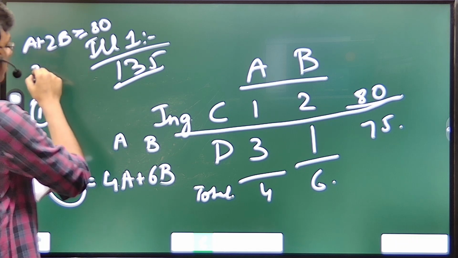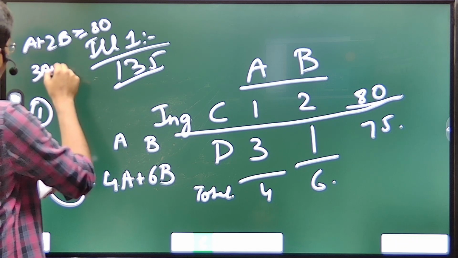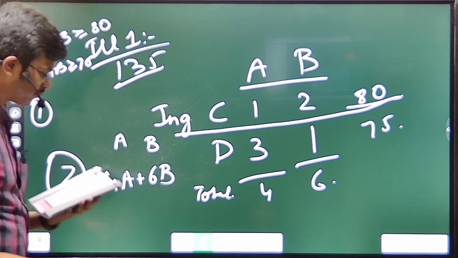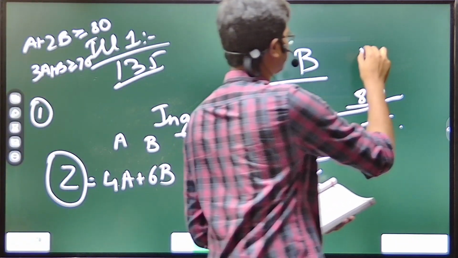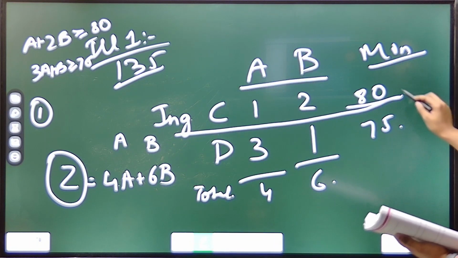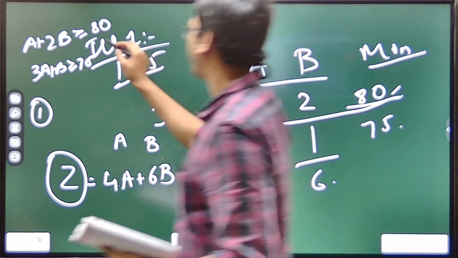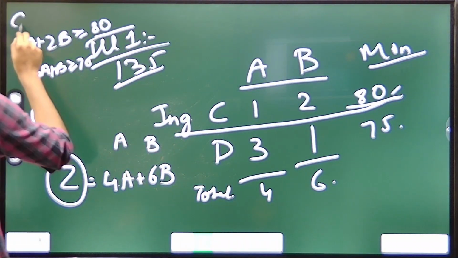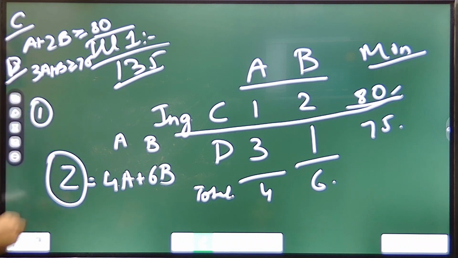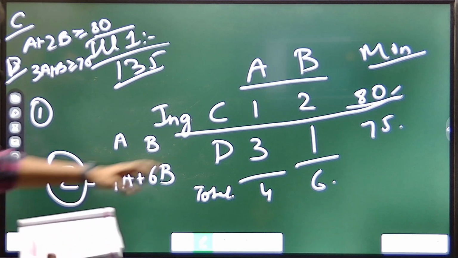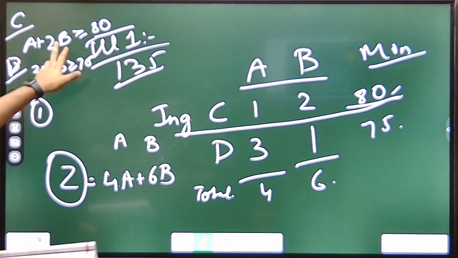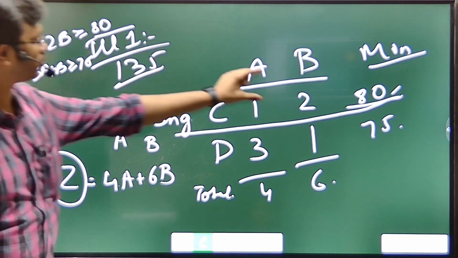And then 3A plus B greater than or equal to 75. Minimum requirement, he says minimum you have to use this many. This is for C and this is for D. So number of units of A plus 2 into number of units of B should be greater than or equal to 80 because you use 2 units here.